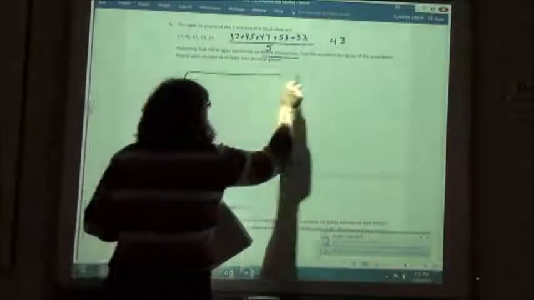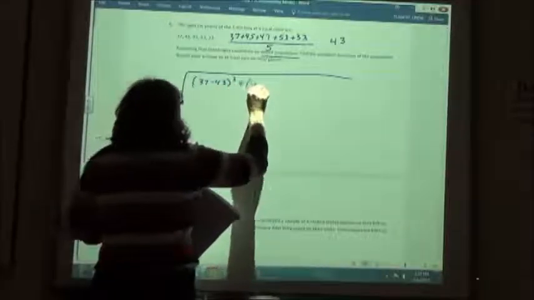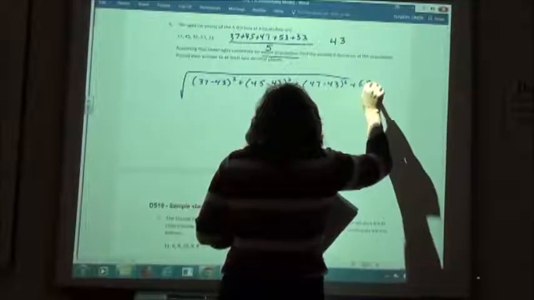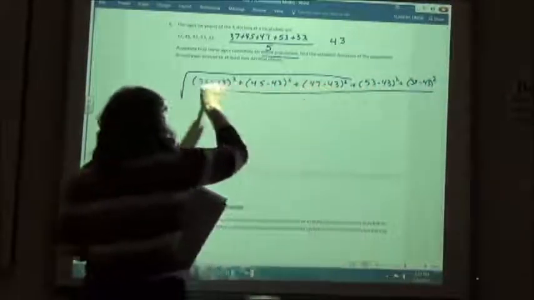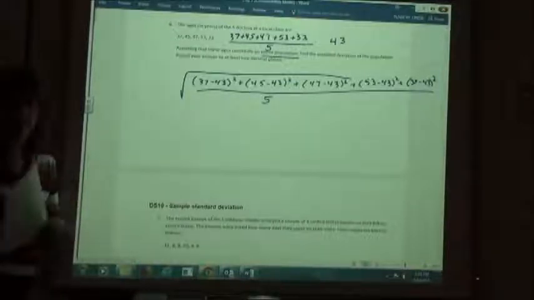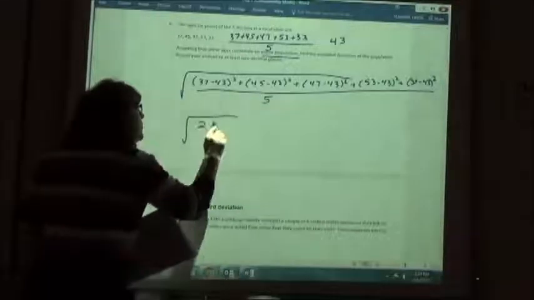And then we're going to use our formula for population standard deviation by taking those minus the mean. 37 minus 43 squared plus 45 minus 43 squared plus 47 minus 43 squared plus 53 minus 43 squared plus 33 minus 43 squared, over 5. 256 on the top, so 256 over 5.